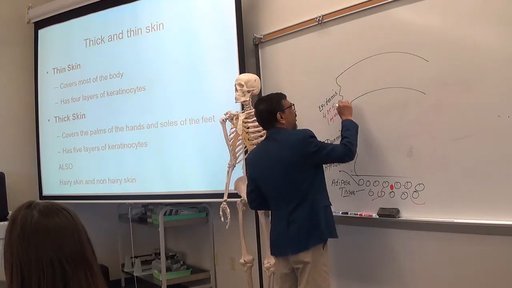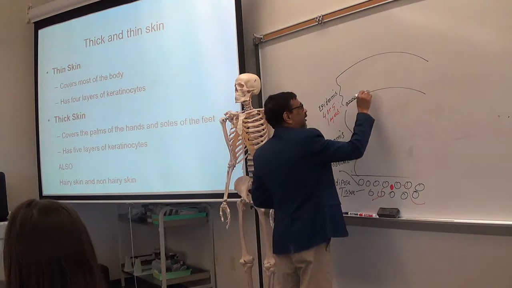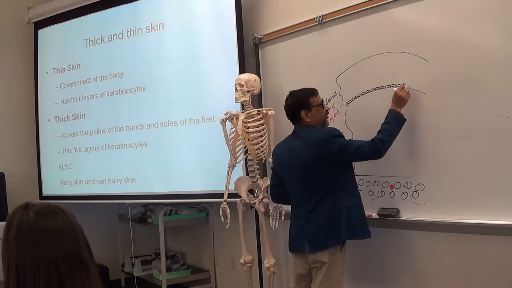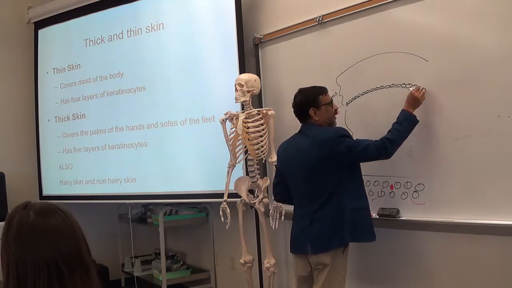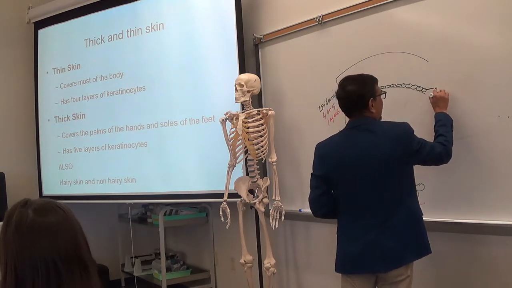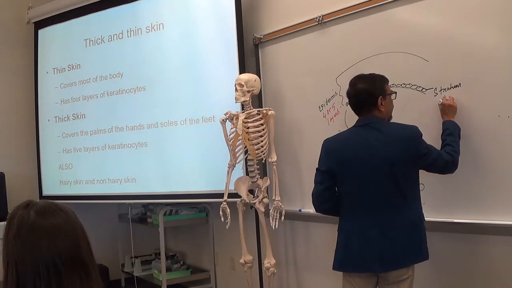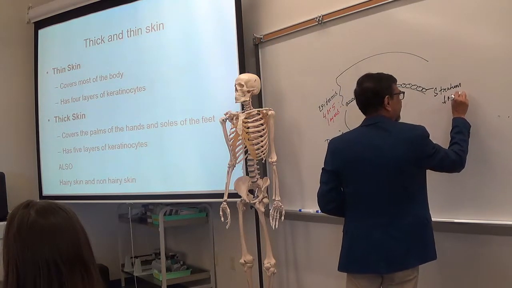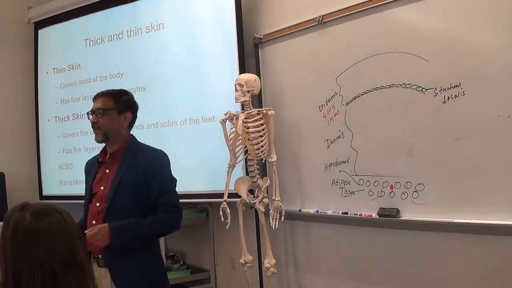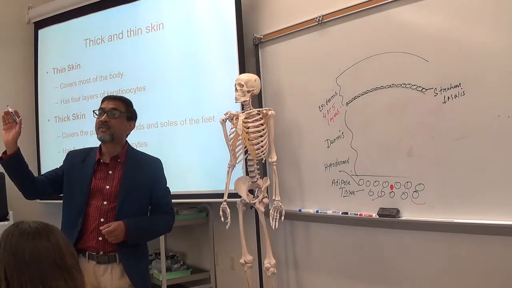If you start from the bottom, a single layer of stem cells. These are stem cells, okay? This layer is called stratum basalis. A single layer of what kind of cells? Stem cells.